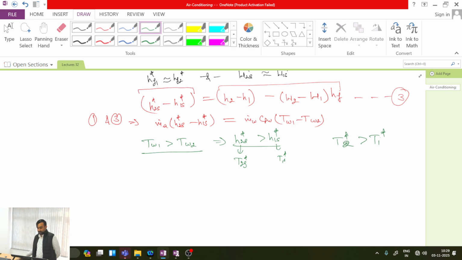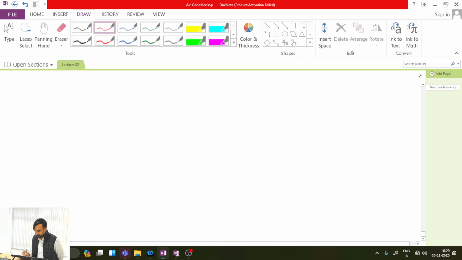Is this one clear? So if I have to represent this process on the psychrometric chart, how can I represent it? Now let's go to graphical form. This is dBT, this is W, say this is my state 1.